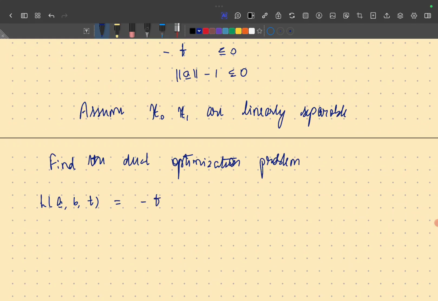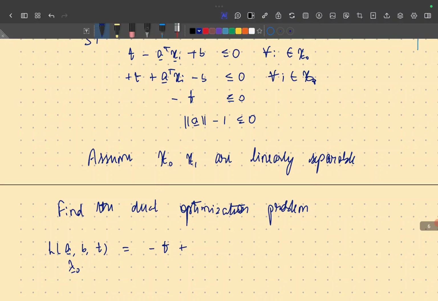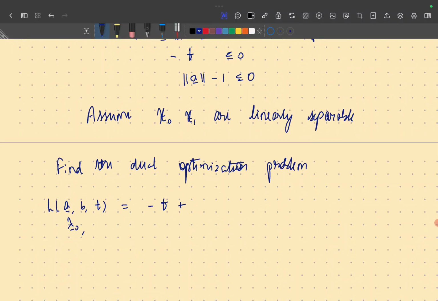It's equal to minus t plus, so this will also require Lagrange multipliers. I'll have a vector lambda 0 for the first set of constraints, a vector lambda 1 for the second set of constraints, lambda 2 for minus t less than or equal to 0, and lambda 3 for norm a minus 1 less than or equal to 0.